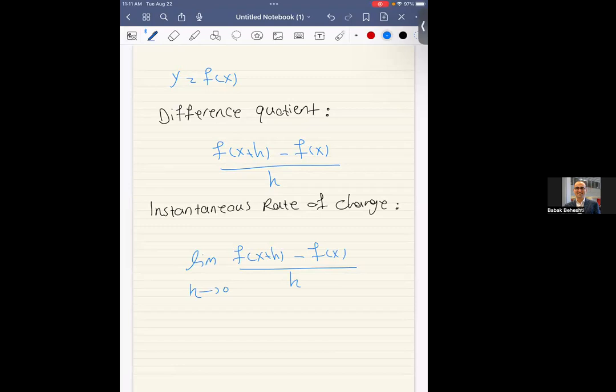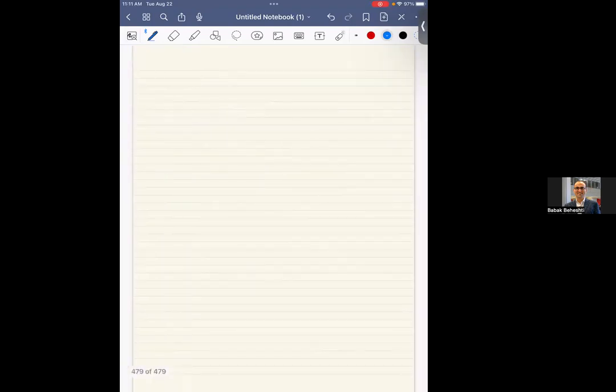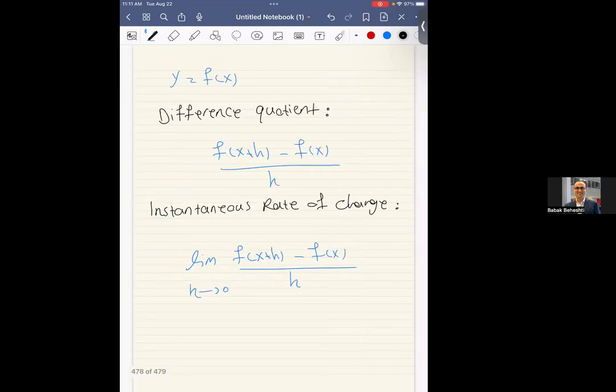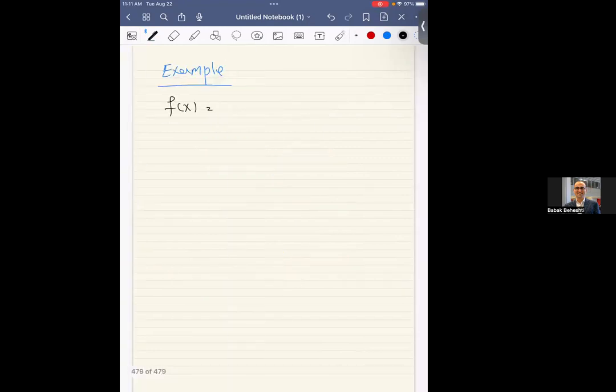So for example, let's say that f of x is equal to... so these are the difference quotient, and the instantaneous rate of change is just the difference quotient when h approaches 0. So the limit of the difference quotient when h approaches 0.